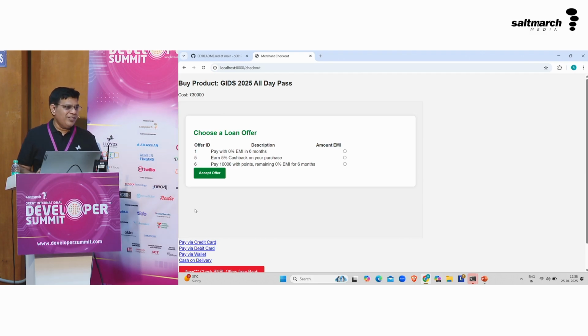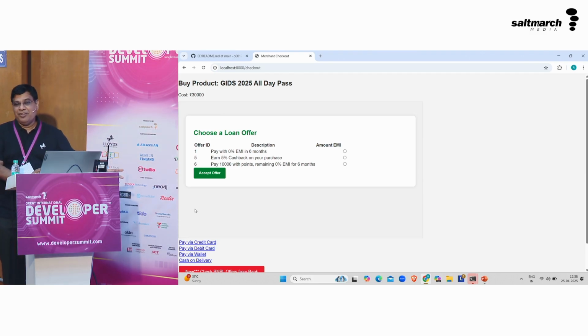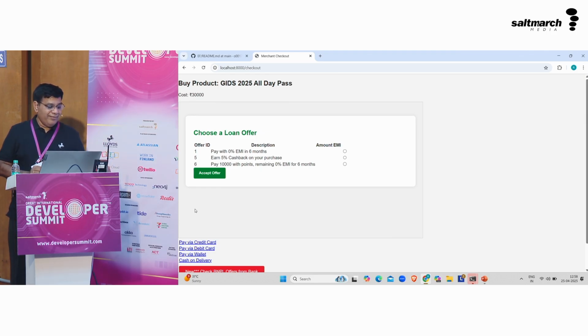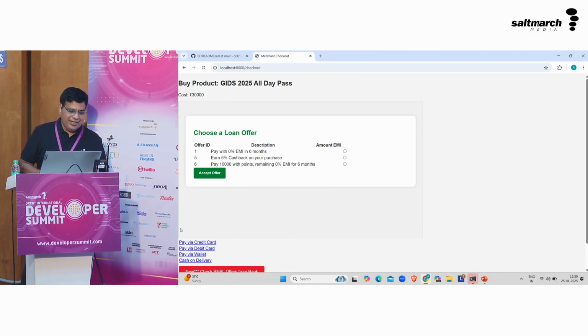You can pay 10,000 with your loyalty points, and the remaining with 0% EMI in 6 months. If you look at offer ID 6, the merchant side would have never known about this. So again, this is the power of both sides coming together.